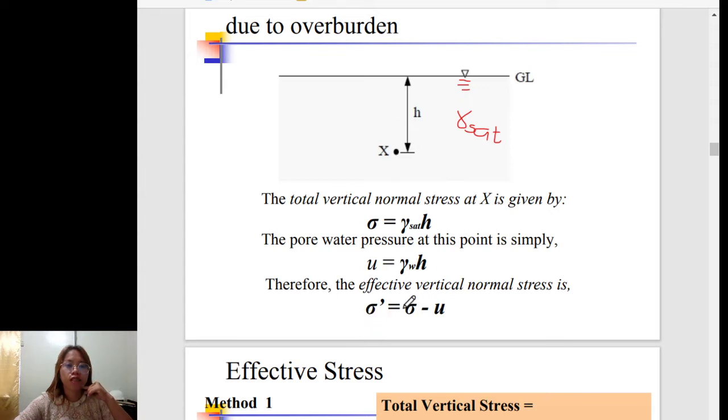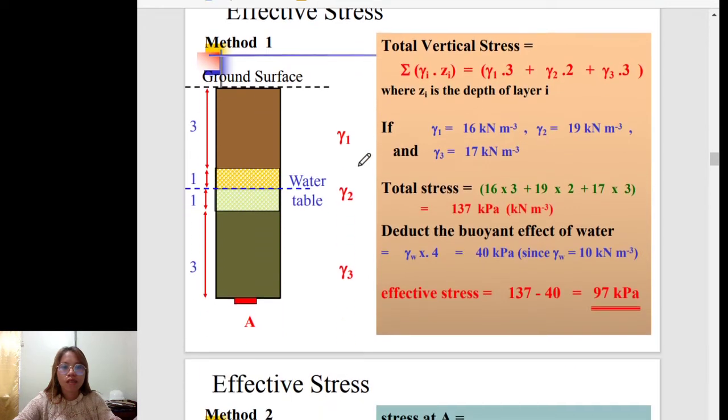Meaning, this is the effective stress that the soil mass will carry itself, carry the load in its own particles.